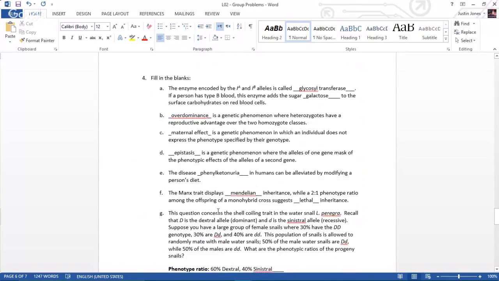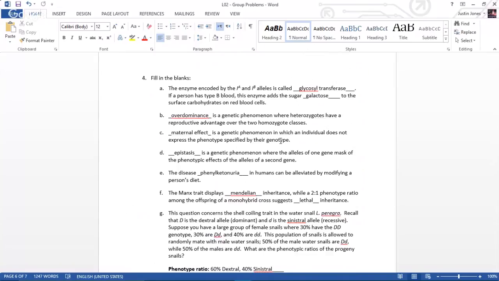And then just some fill in the blanks. Glycosyl transferase, that's the one that the A and B blood type alleles are using, and it's a galactose molecule that's put on the red blood cells. Overdominance is the example given, such as the sickle cell anemia, where if you just have one of the genes for it, you get some immunity to malaria.